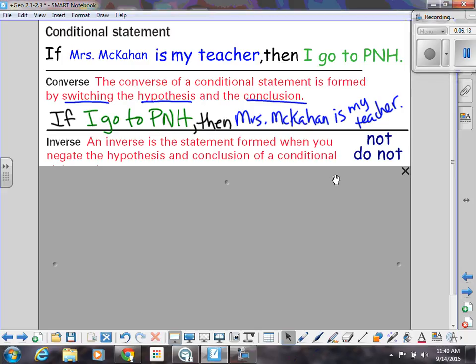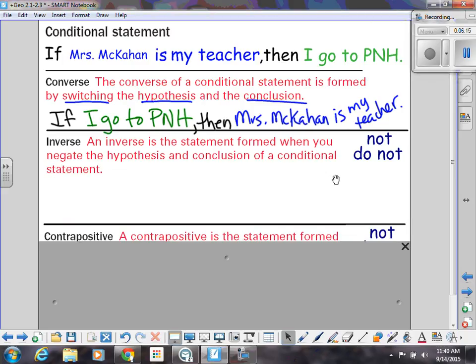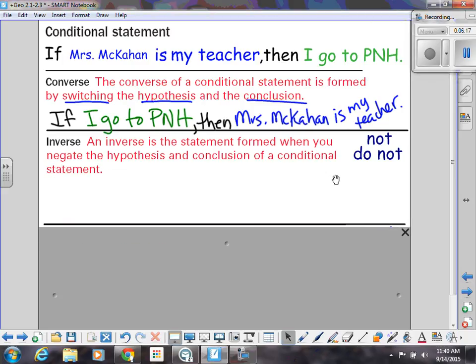Okay? Next one, an inverse. An inverse is when we negate the hypothesis and the conclusion of the conditional statement. All right, so go back to the original, the conditional statement. What did we say negate means? Yeah, we make it negative, we make it opposite.